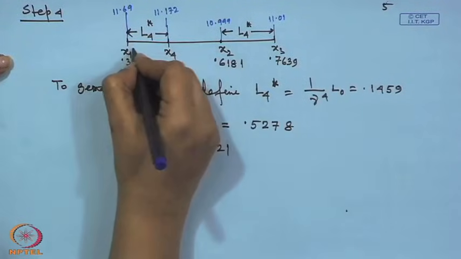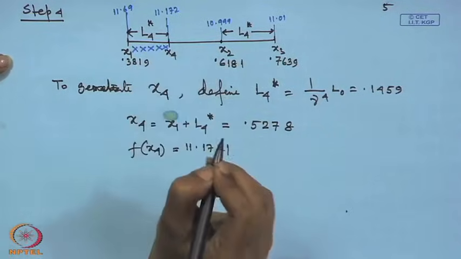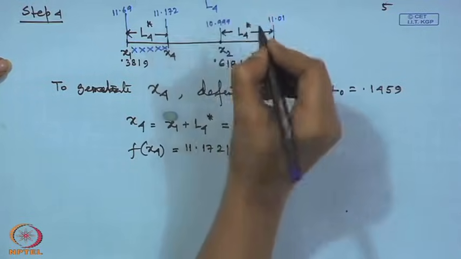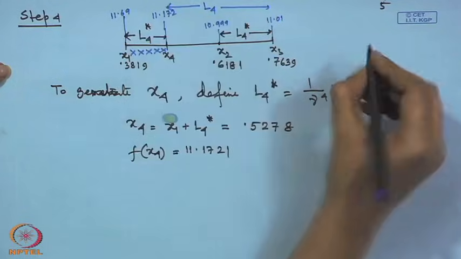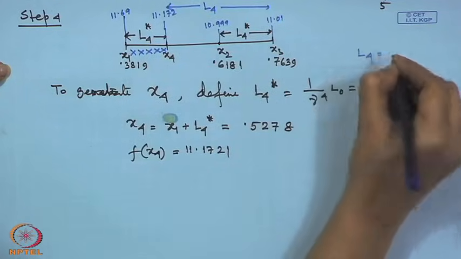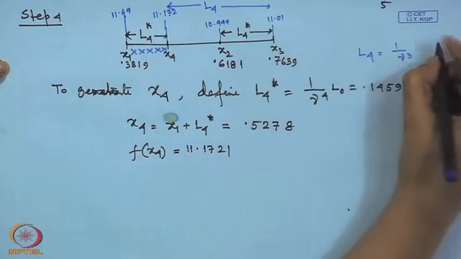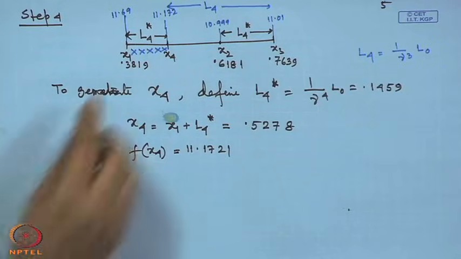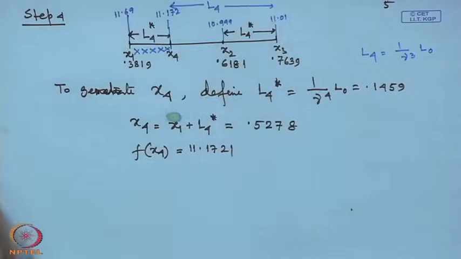That is why certainly we will discard this interval in the next step, and we will move to the next interval of uncertainty L4, only this part, and we will see the fact that length of L4 would be is equal to 1 by gamma cube L0, that we can check very easily. L4 is from x4 to x3, we can just see the length.